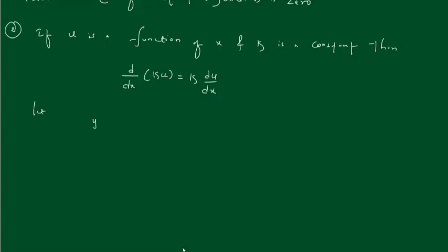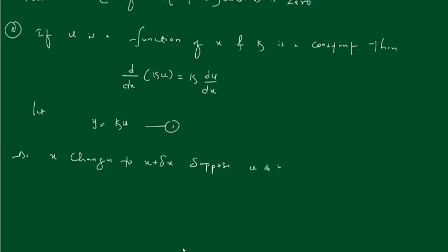So let y equals ku, take it as equation 1. As x changes to x plus delta x, that is a small increment or a small change we can say.